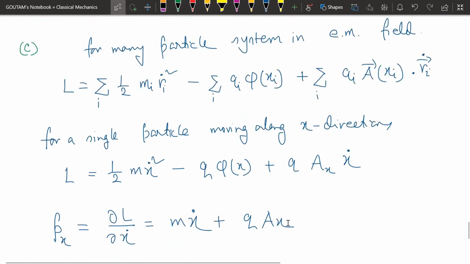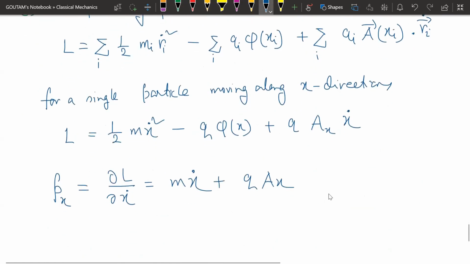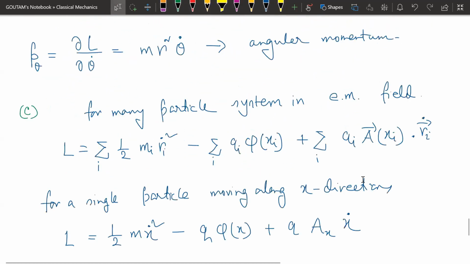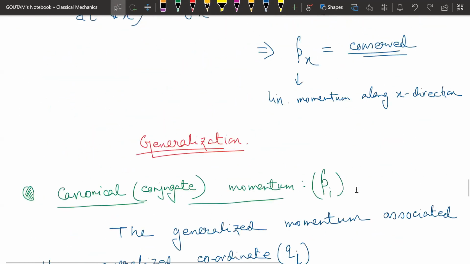Here, this term is because of the momentum of the field. When you learn about electromagnetic fields, you will learn that fields also carry momentum. So this is the momentum of the particle, and this is the momentum of the field. Ax, with x in the suffix, is the x component of the vector potential. This is how we define the canonical momentum.